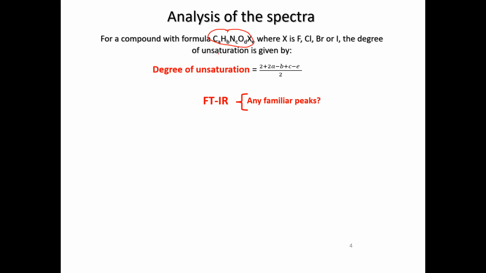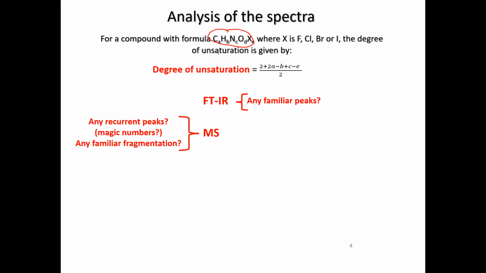Maybe you look for amino peaks. If there is no amino peak but there is nitrogen, maybe it's a nitro, but there must be some oxygen. And then you start connecting all the dots. Any familiar peaks in specific regions? Around 3,000, if there is something, I expect aliphatic. Around 1,600-ish and a high degree of unsaturation, that is telling you that there is an aromatic group.